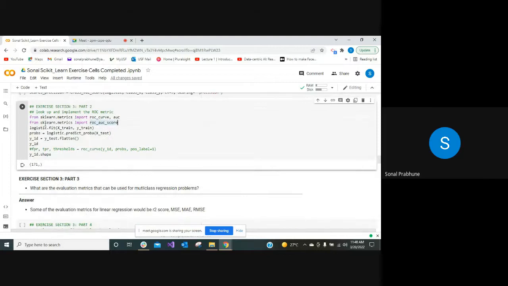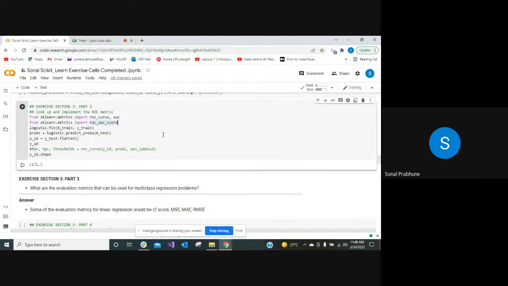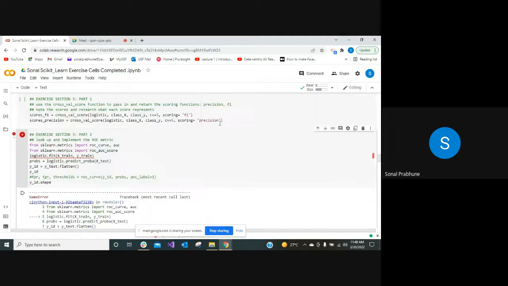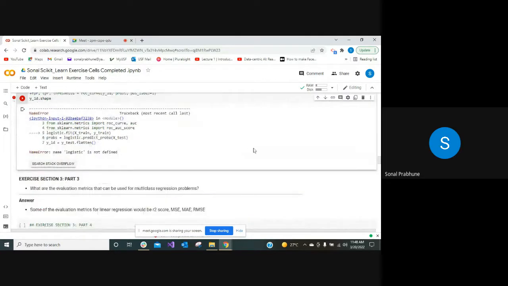With every scikit-learn library it's very standardized: you fit and then you predict. That's what I did here. I haven't run the earlier cells today, so I don't know if this would work; it needs me to run the previous cells first, so I won't take much time on that one.